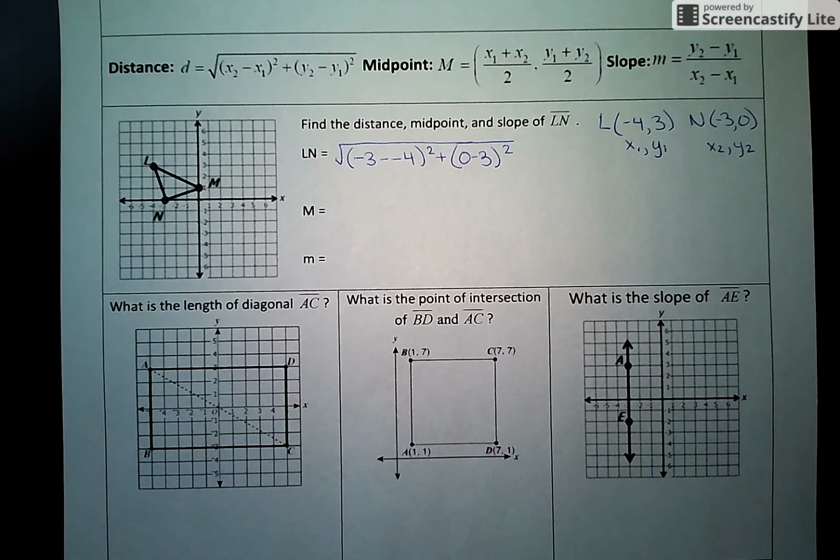I'm going to start with the square root symbol, open a set of parentheses, and type things in exactly as we filled it out. -3 minus -4, close the parenthesis and square, plus a second set of parentheses with 0 minus 3 inside, and a square on the outside. Final answer, 3.16228. I'm going to round that to 3.2.